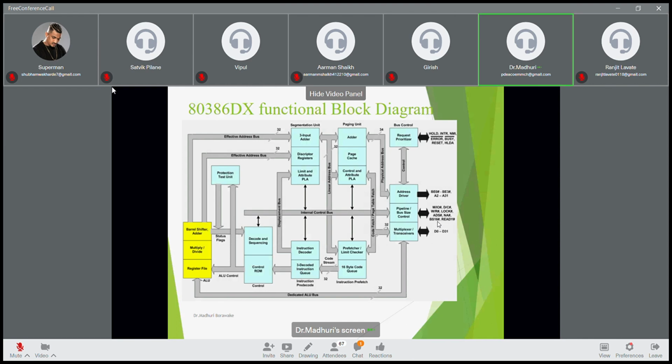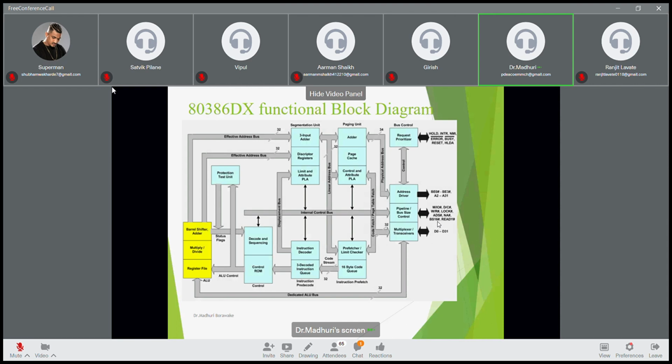Now next, bus interface unit. This is the bus interface unit. What does it handle? It handles all the external access, and it provides the addresses and generates the respective control signals.